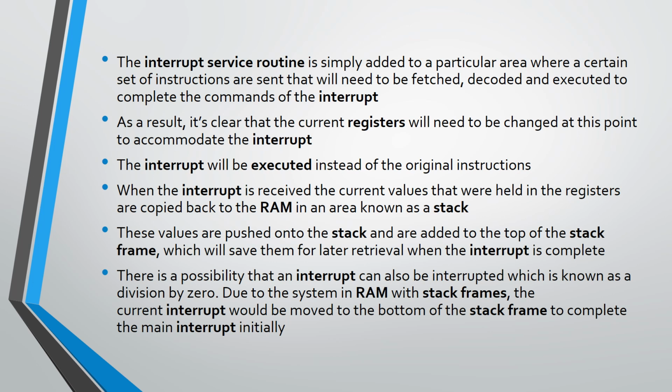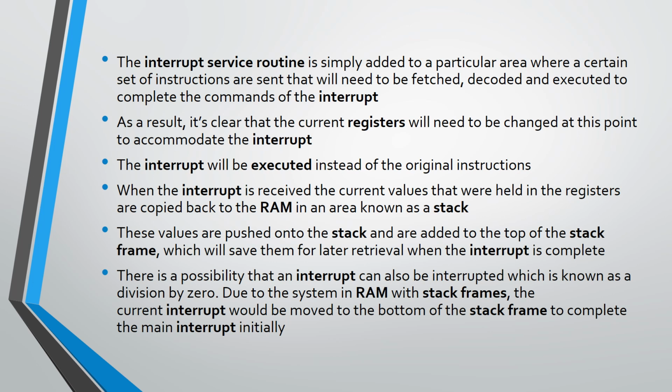There is a possibility that an interrupt can also be interrupted, for example by a division by zero. Due to the system in RAM, the current interrupt would be moved down the stack frame to complete the main interrupt initially. So the main point is that whenever there is an interrupt, the CPU will hold all the instructions and first execute the interrupt.